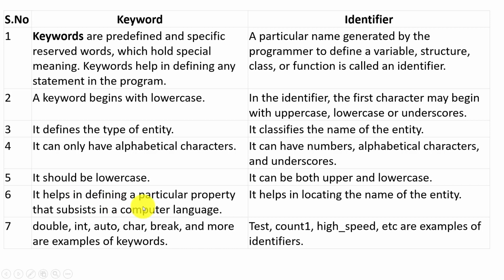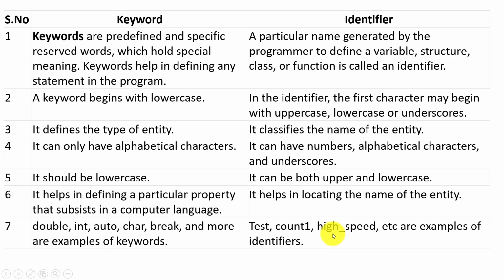Keywords define a particular property, that is, a particular specification or meaning, but an identifier locates the name of an entity. Examples of keywords are double, int, auto, char, break, etc. And here the names of identifiers are test, count, high_speed, etc.